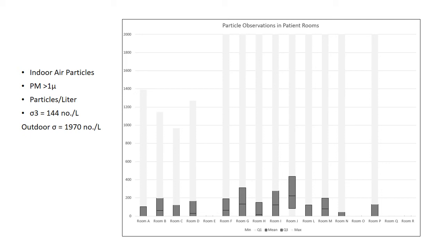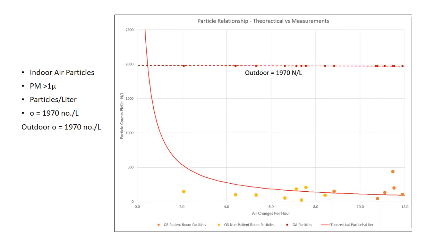So instead of the mean, I'm listing the upper limit of the third quartile, essentially before the fourth quartile begins, and that's the number I'm showing on this plot. So the data points you're seeing, the orange dots and the yellow dots at the bottom, are not the mean of the data taken in that room. It's actually the top of the third quartile in that room.